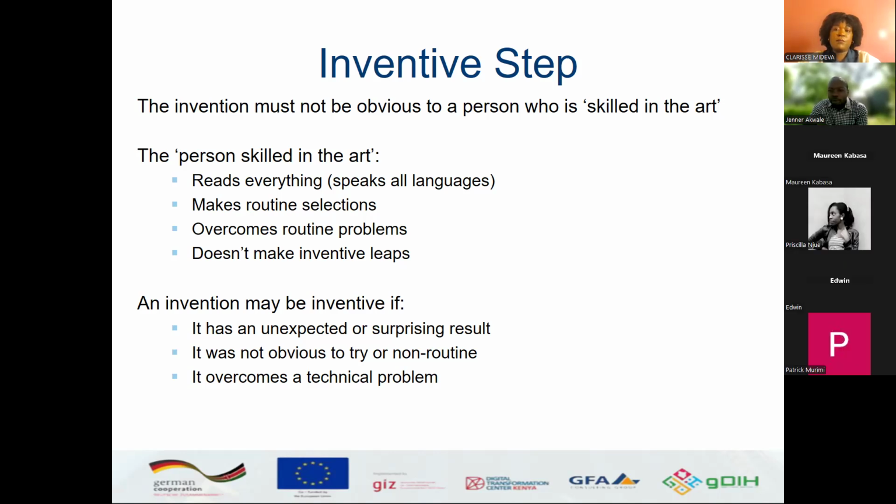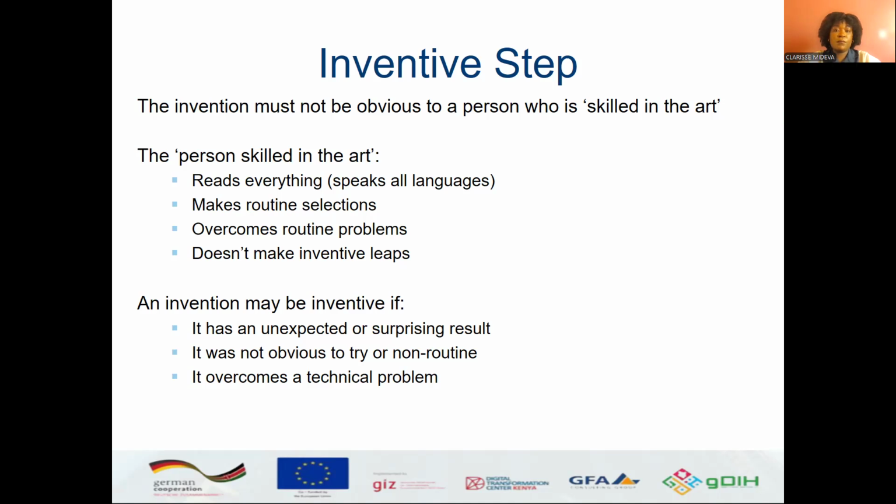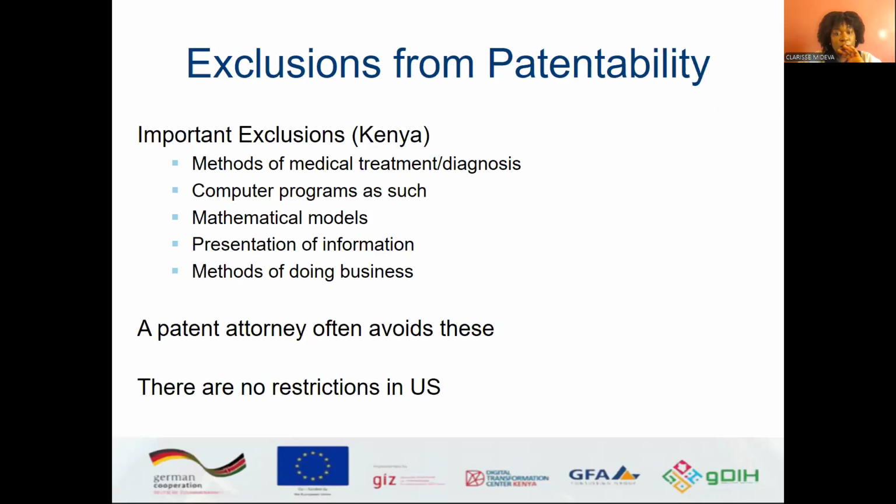That is just an obvious kind of thing, and will not actually be protected as a process of making tea, for instance. So there are general exclusions from patentability. One of them is a method of medical treatment. And this is basically in Kenya. In the US, a method of medical treatment will generally be protected. But in Kenya, there is no protection for method of medical treatment.